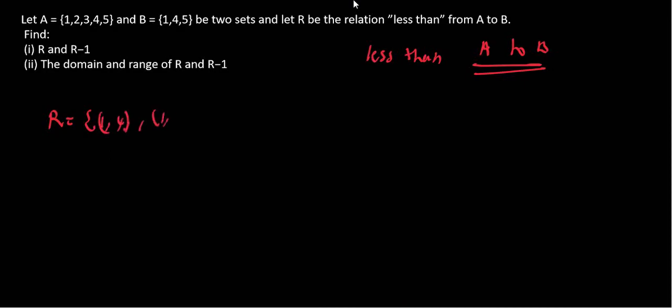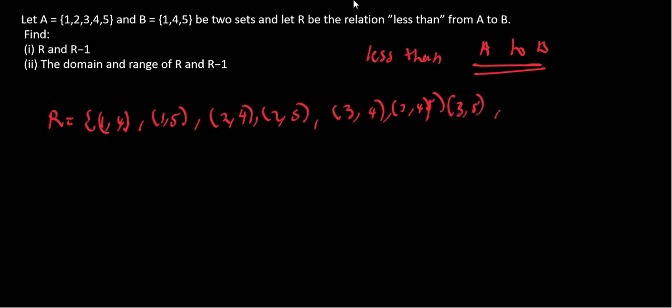Again 1 is less than 5. How about 2 is less than 4? 2 again is less than 5 in B. Then 3 is less than 4. Again 3 is less than 5.